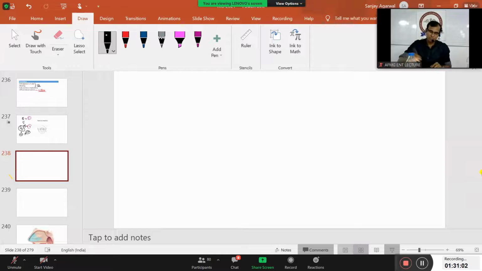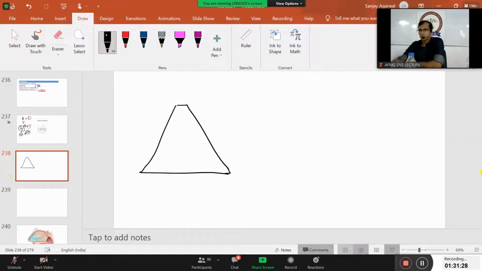Okay, what is the shape of nose and sinus? Nose is described as a small pyramid. And of course, when you look at the nose from the front, you can see it's like a small pyramid. When you cut the nose commonly like this and look at it from the front, I draw the nose like this.